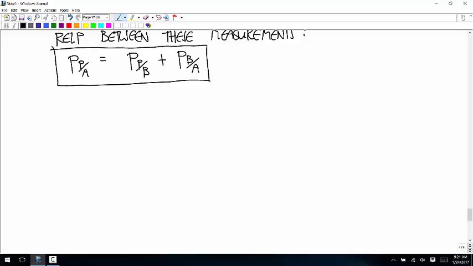It makes it easy to remember the order that these have to go into. Think of fraction multiplication.